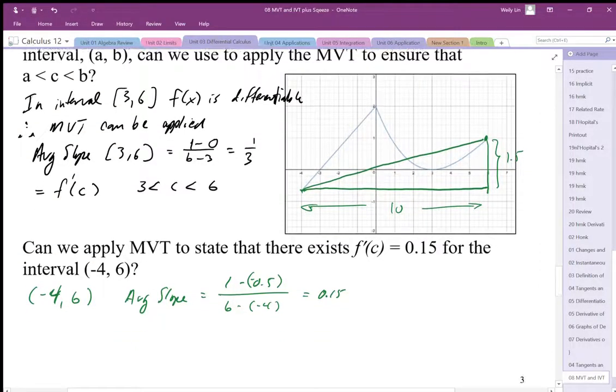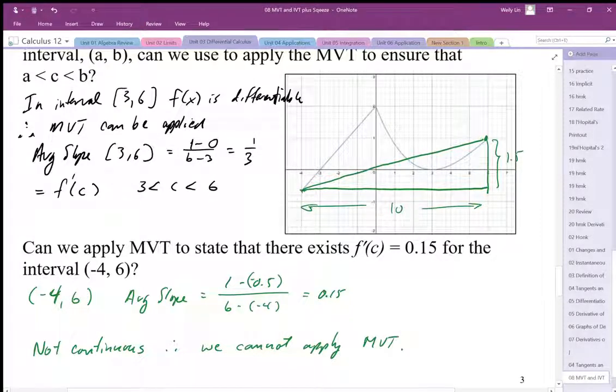Can we say that there must exist a point in here? Well, we see that there can exist one, but can we apply the mean value theorem here? No, we can't. The function is not continuous, therefore we cannot apply the mean value theorem.